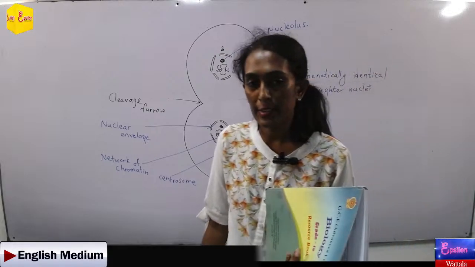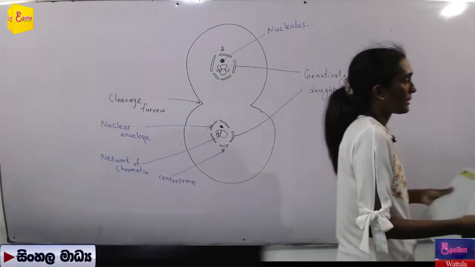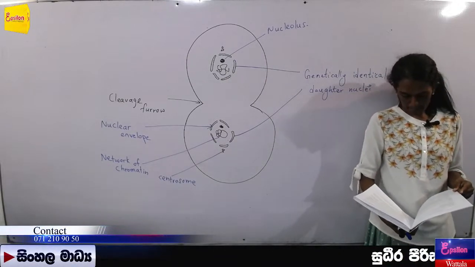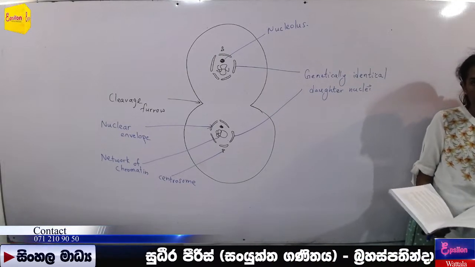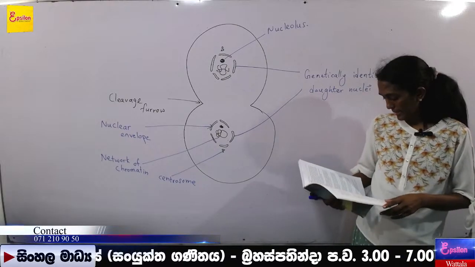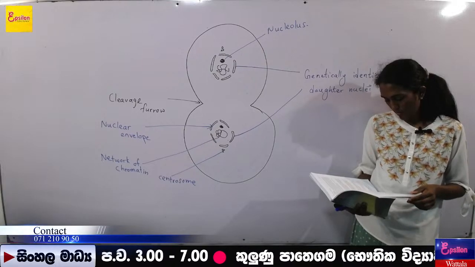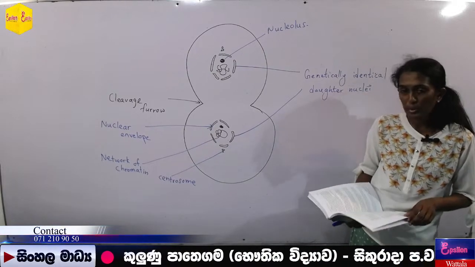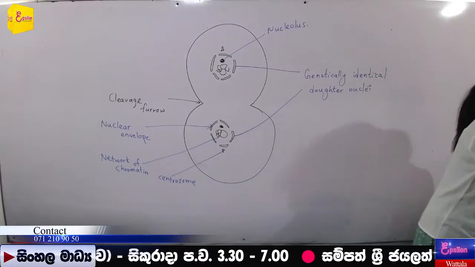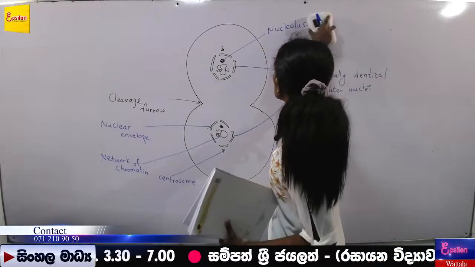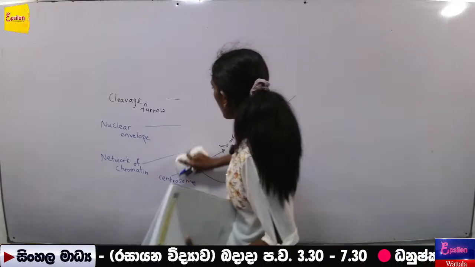Next one, at the end of telophase, two genetically identical daughter nuclei are formed.